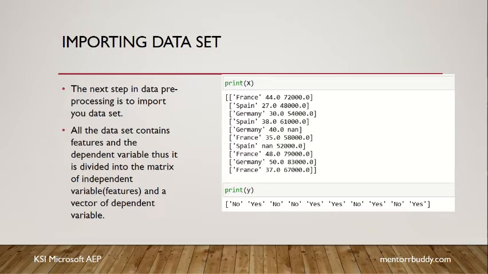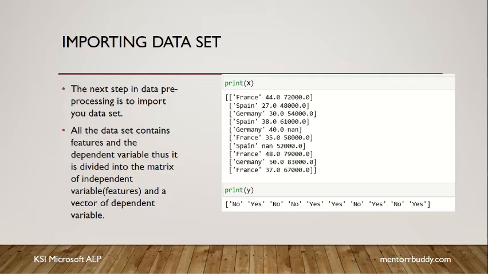When we import that dataset, we have to identify whether that dataset belongs to supervised machine learning, unsupervised machine learning, or reinforced machine learning. The reason here is that if that dataset belongs to supervised machine learning, we have to separate the X and Y from the dataset.